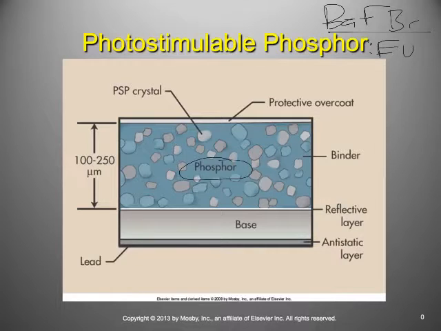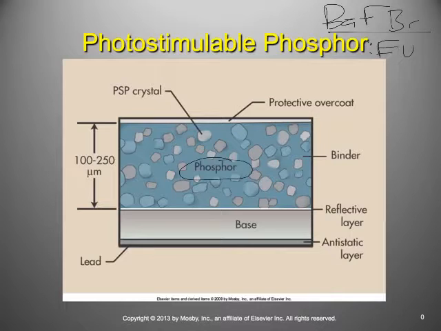In that process of fluorescing, it ionizes the europium and causes it to become metastable, and it ejects an electron, which just sits there in a metastable state. Basically, we then scan it with a laser, and the laser excites that and causes it to luminesce. That's the basic process of computed radiography.